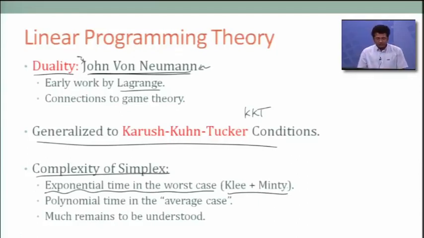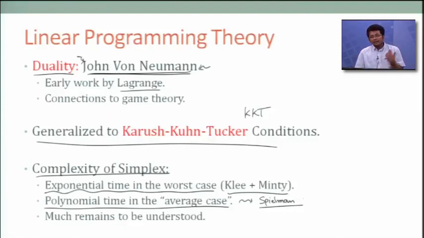But there has been a large amount of work that shows that on average, simplex works really fast. It works in polynomial time. In particular, there's work by Spielman on something called smoothed analysis, who found very interesting ways of proving this and making this formal, that the expected running time of simplex is polynomial time.